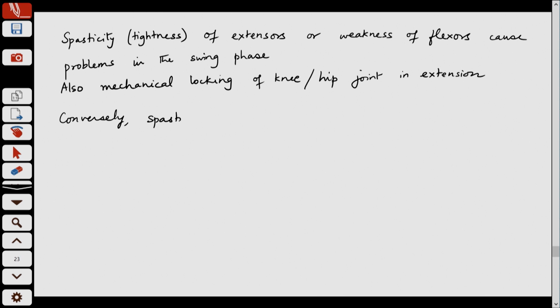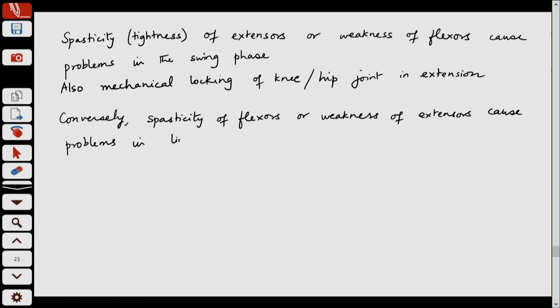The opposite of this would be spasticity of flexors and or weakness of extensors. These cause problems in limb lengthening in the stance phase.